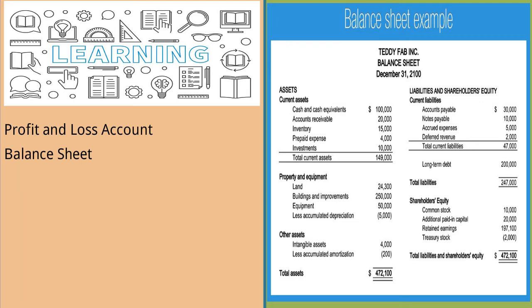So here we have fixed assets plus current assets, which will give you your total assets. If we look at your liabilities, you will have your long-term liabilities, which you owe and have to pay in longer than one year, and current liabilities, which are due and which you have to pay within one year.